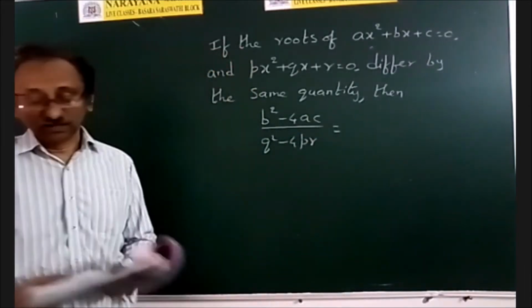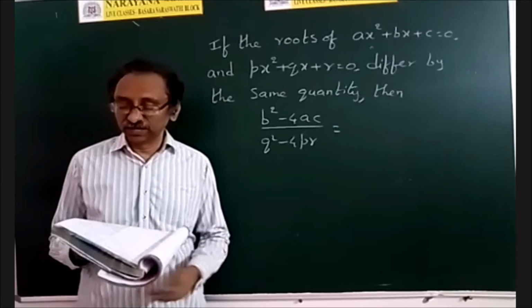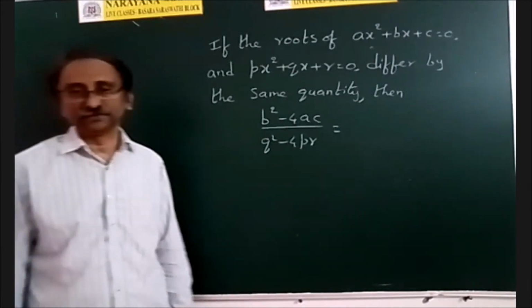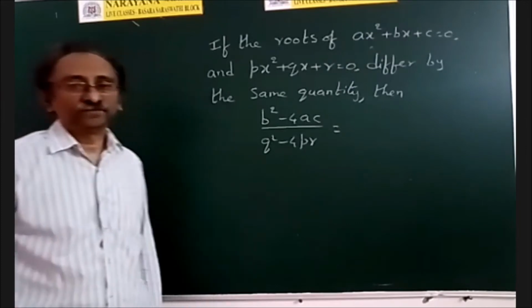The options are p square by a square, a square by p square, c square by q square, like that. So what is the answer?